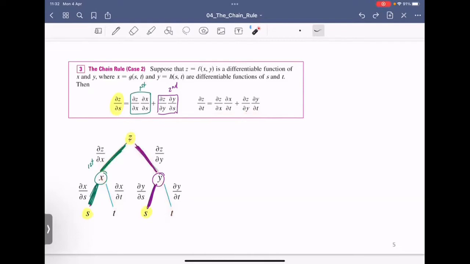Some of you are going to have a hard time denoting the difference between partial and D. If you have a hard time, use the partial symbol. But if you can see the difference: if you have only one leg, just one line on the next level, you can use the regular D. If you have more than one, it's a partial derivative, so you use the partial symbol. That is the correct way.